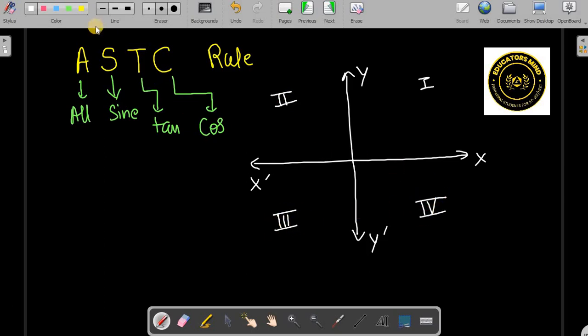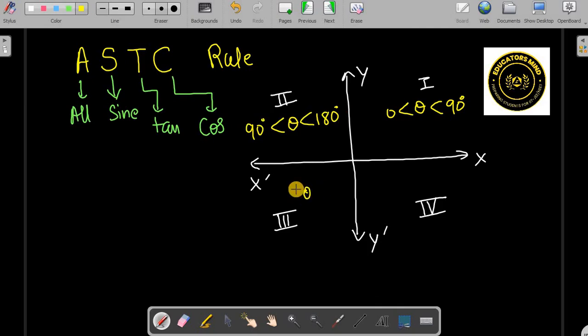Suppose the angle is in the first quadrant, theta is between 0 and 90 degree. Second quadrant, theta is between 90 and 180.